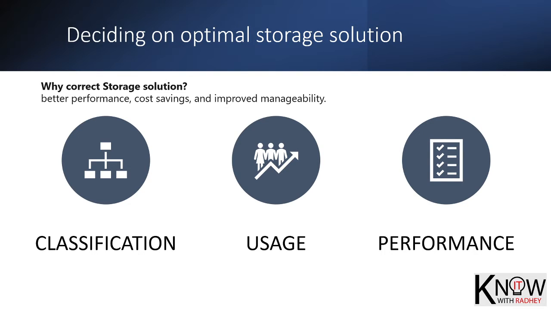There won't be any create or update functions applied on this data, right? So that's why it is not hot tier data, it's cool tier data. So you can save your dollars if you are choosing a correct storage solution.